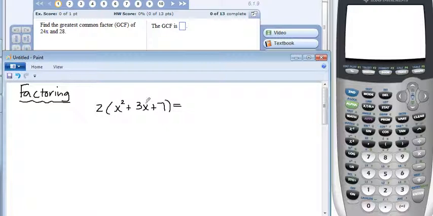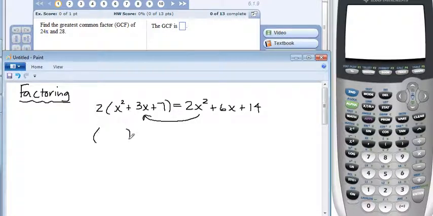I'd multiply each term by 2, so I would have 2x squared plus 6x plus 14. Okay? Well, factoring isn't going from multiplication to here, but it's taking this and going this way. So we're going to be taking these expressions and we're going to be taking out pieces. We're going to be breaking it into pieces.